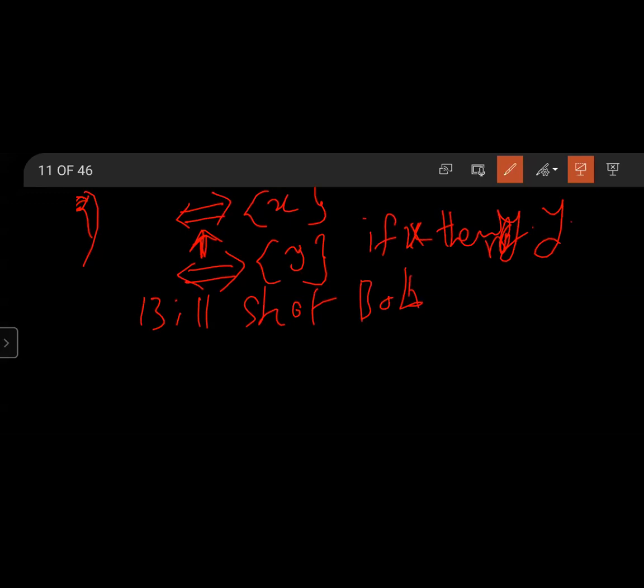Here, in CD representation, X means Bill shot Bob. Bill shot Bob. Why? Bob's health is good.